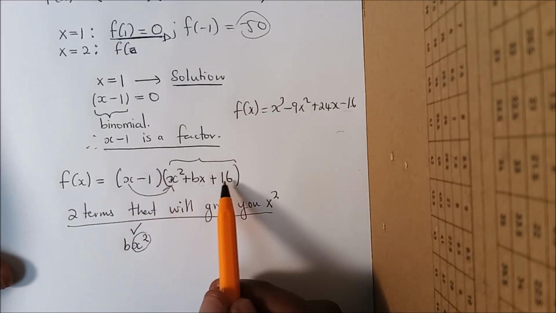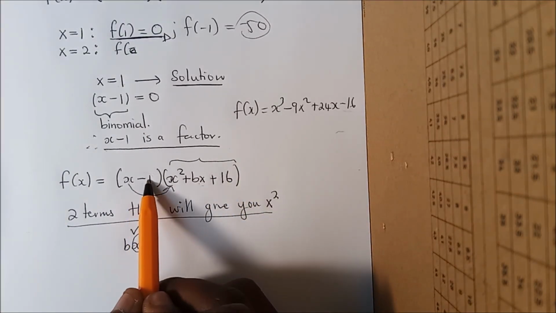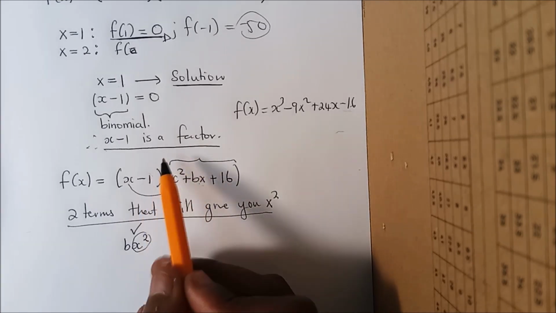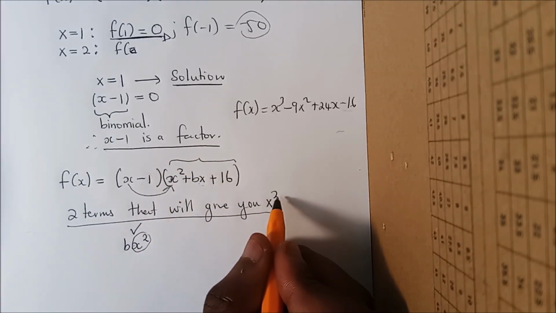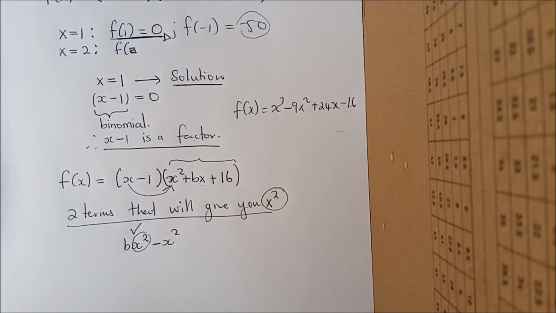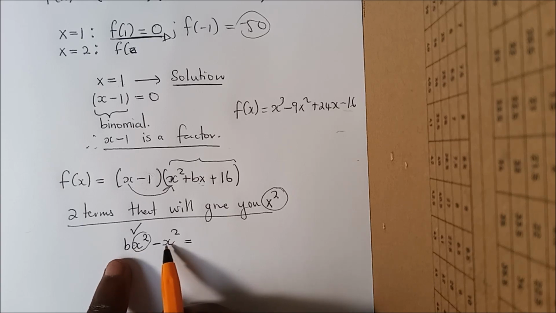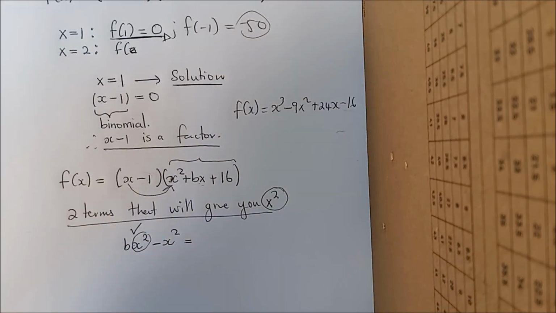So x multiplied by 16, we don't get x squared, so we move. So negative 1 multiplied by x squared, we get negative x squared. And what did we say? We want x squared, so we have negative x squared. You will always get 2x squared. You won't get 3, or you won't get 4.